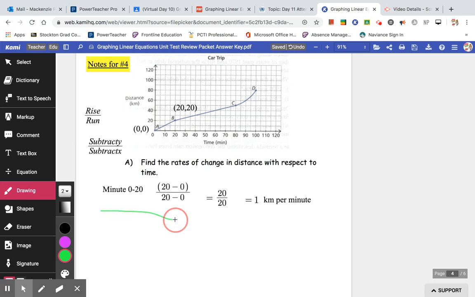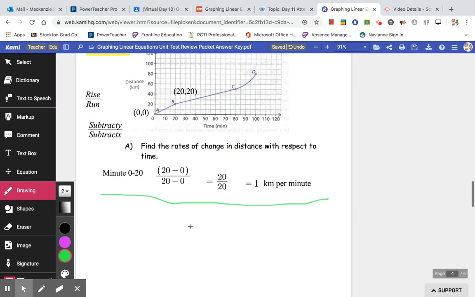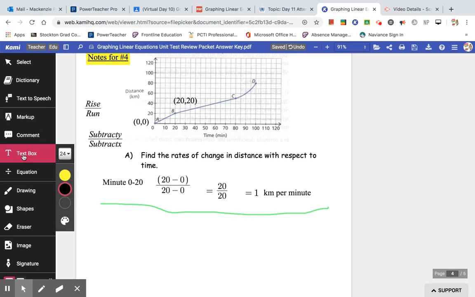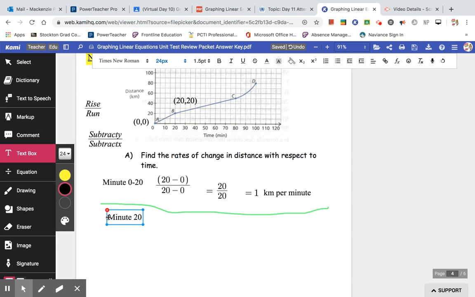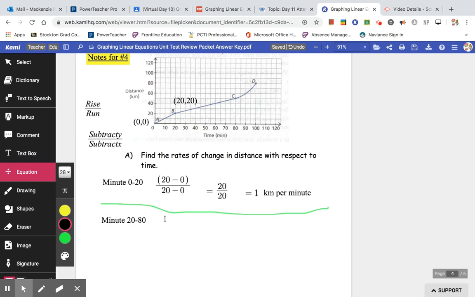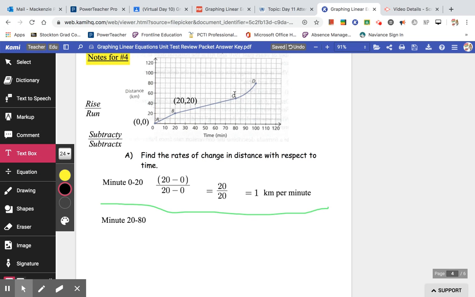Then we're going to go ahead and do the same thing. The next one is from B to C. That's from minute 20 to minute 80, which is point C. So our next one will be from minute 20 to 80. Then we have to find out what C is.